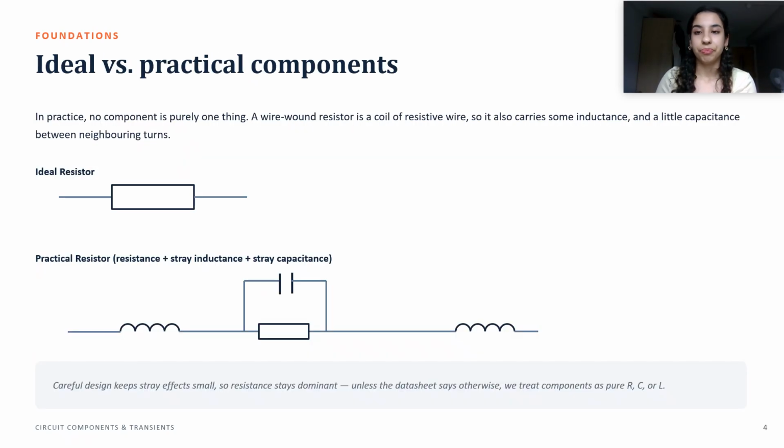Now, this is something very interesting: ideal versus practical components. In real life, a resistor is not just made up of an actual resistor. It could be a resistor, a capacitor, and two inductors, but the values of each one are different.